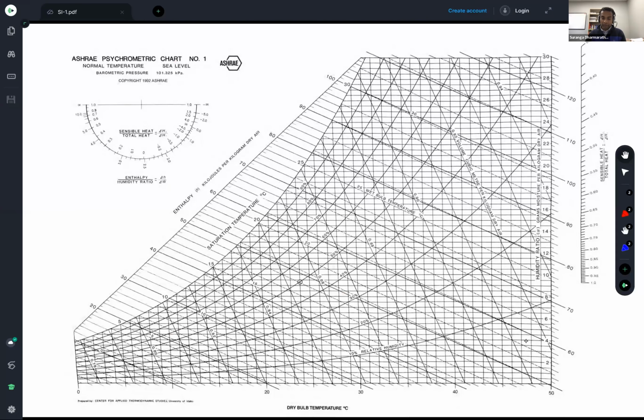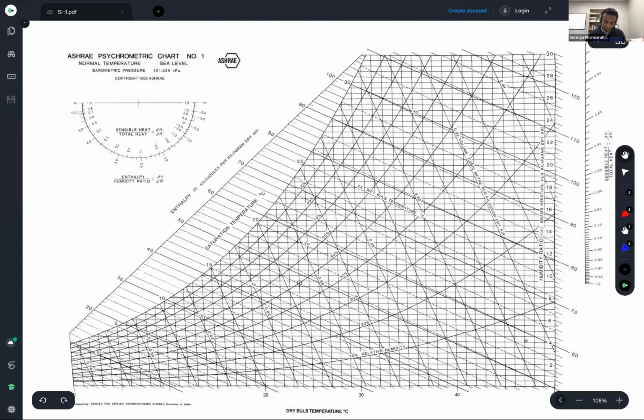You see that. Okay, so the condition at 1 is 15 degrees Celsius and 60%. Let me make it a little bit bigger.